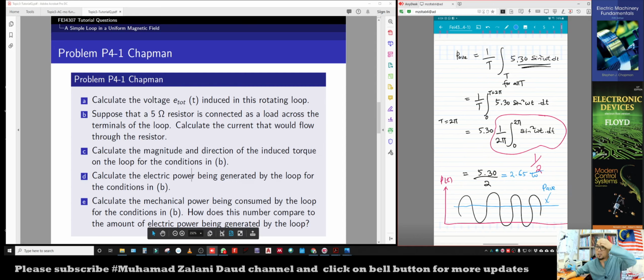Calculate the mechanical power being consumed by the loop for the conditions in B. How does this number compare to the amount of electric power being generated by the loop?